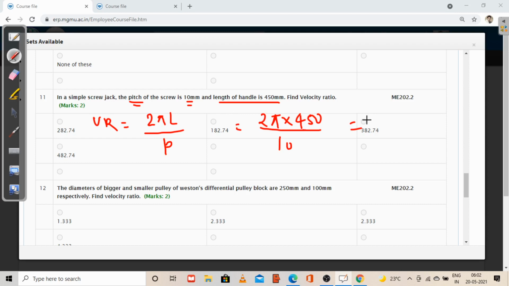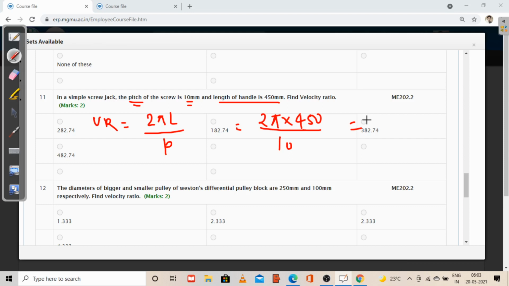Okay, so I will check the answer, how much. Length of handle is given.